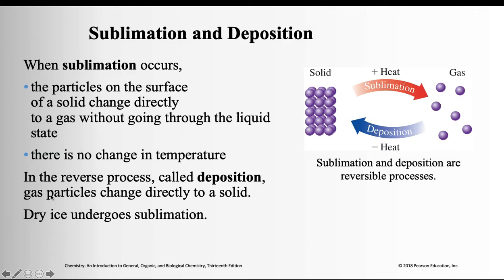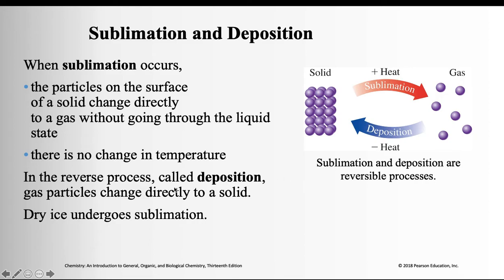An example of this is dry ice. All of us have seen dry ice. What we see is the solid dry ice, solid CO2, and then we see this mist or vapor with kind of an opaque color above the dry ice. That is gaseous CO2.